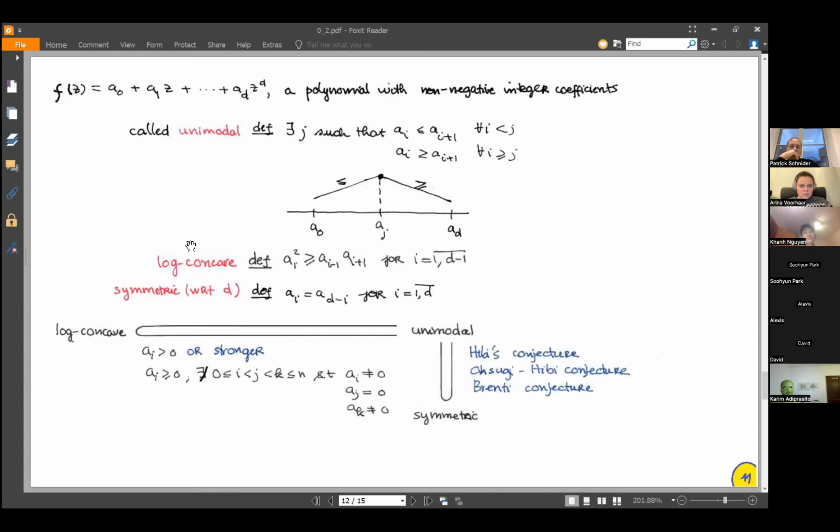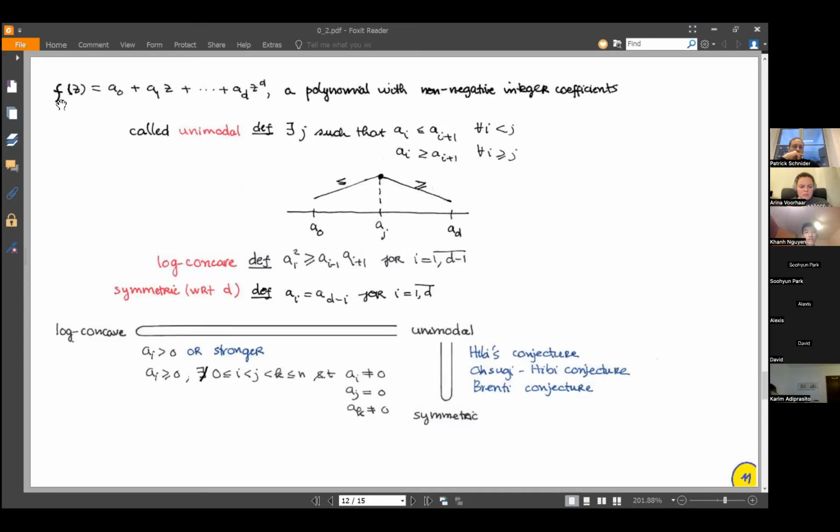First, I need to explain what the unimodal, log-concave, and symmetric properties of a function are. So let F, in the variable z, be a polynomial a0 plus a1 z plus a2 z squared and so on up to ad z to the d. Here I suppose that the coefficients are non-negative integers.